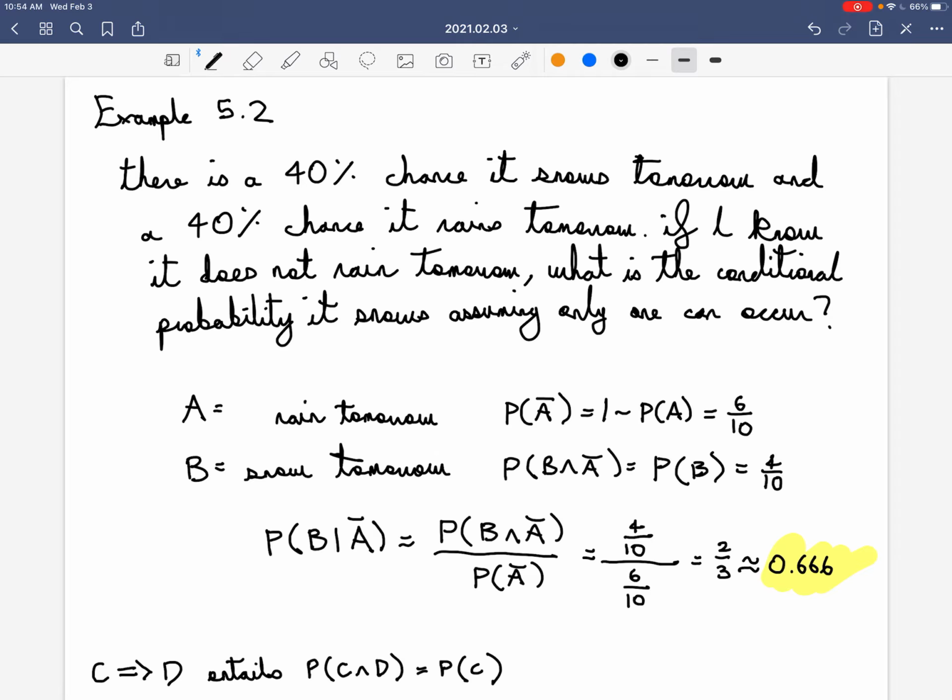And we're being asked, if I know it does not rain tomorrow, what is the conditional probability it snows, assuming only one can occur? All right, so we need to translate this into mathematical language.